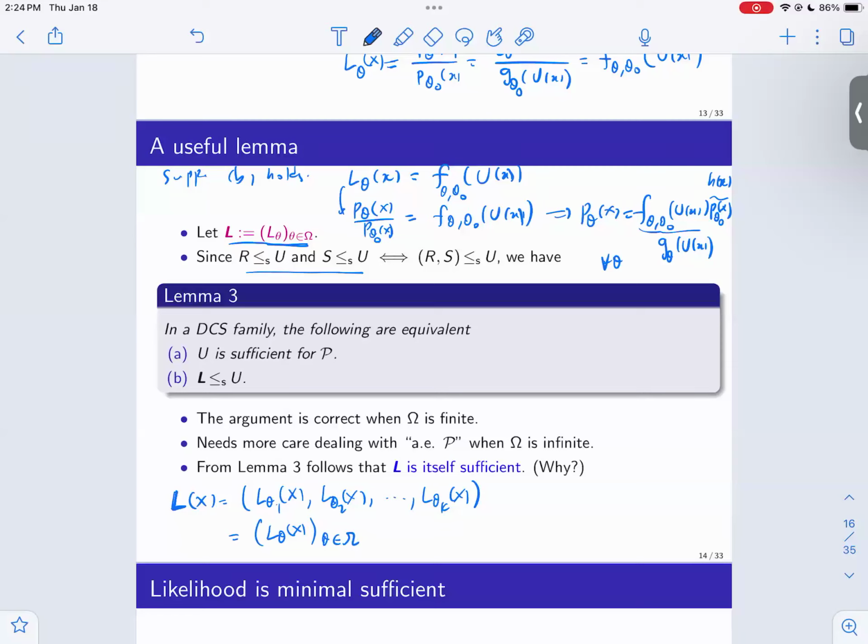Very crucial. This is B implies A. So I was proving, there's no integration, so let me maybe put this above here, it would be a little more clear.